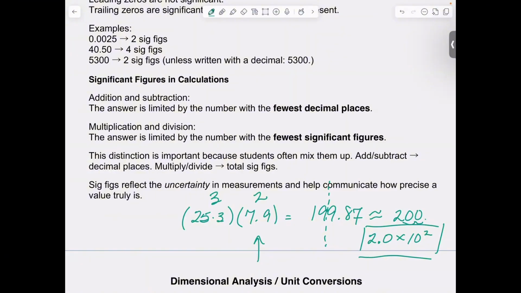Again, that was not planned. I just grabbed 2 numbers and put them together via multiplication, and that's what we end up with. So 200 would be the correct rounded answer, but to give a more precise answer, you would say 2.0 times 10 squared, whatever units that might be in chemistry.